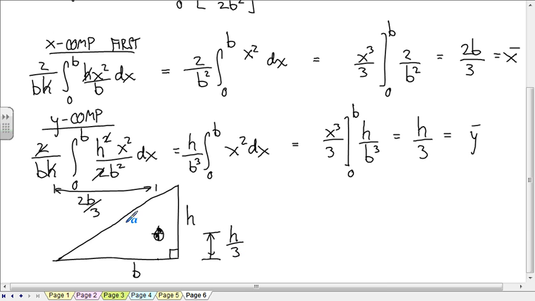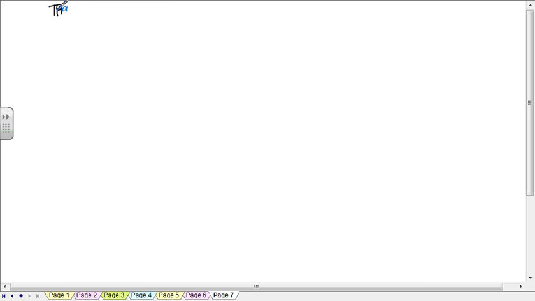But now notice that we did this integral once and came up with a formula that we can use anytime we have a right triangle. Okay. That would be sort of tedious to do every time you had to do a distributed load or a center of mass calculation.